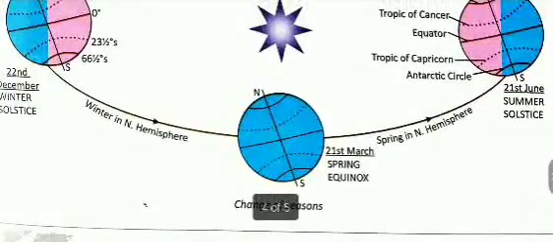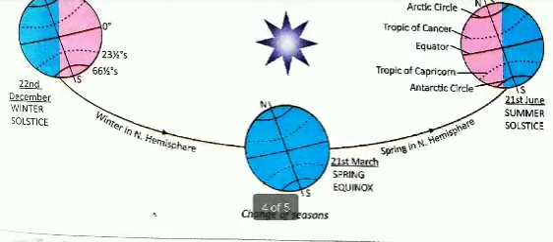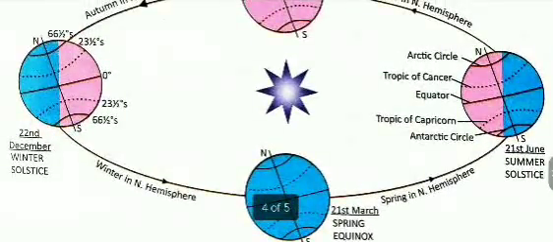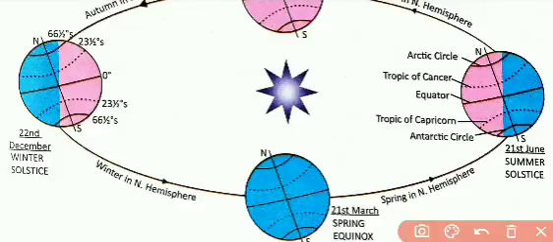Now let us see the picture of this summer solstice. What it says? See, it shows that the northern hemisphere is tilted towards the sun. Right? So it is experiencing the summer solstice.